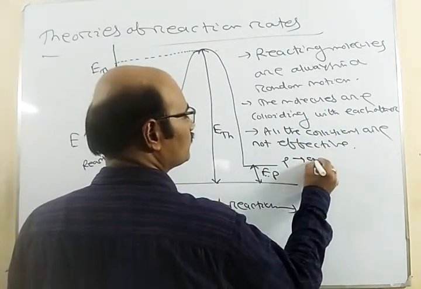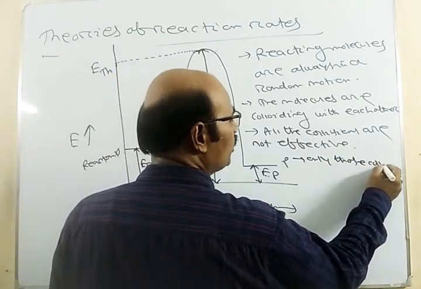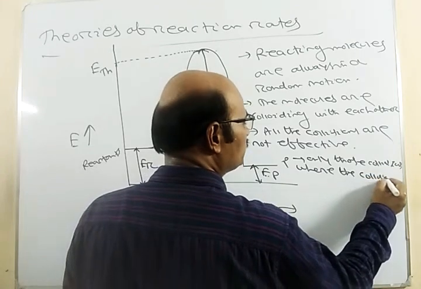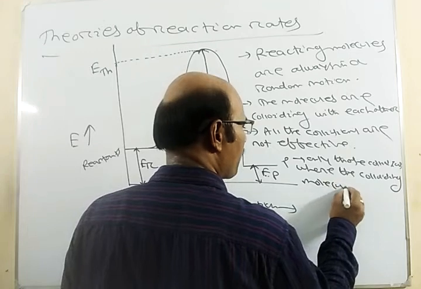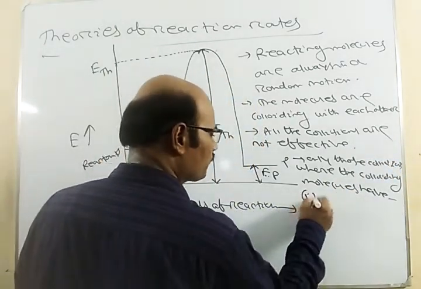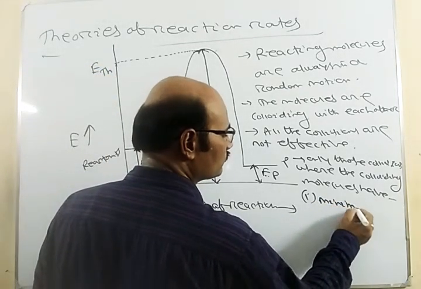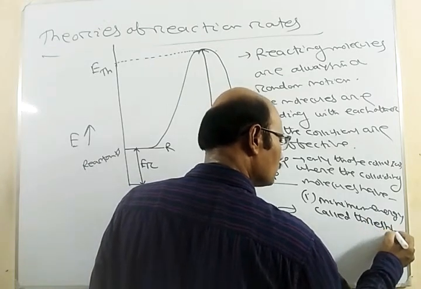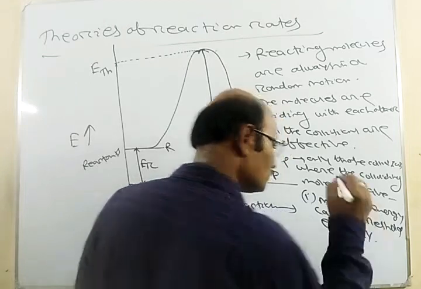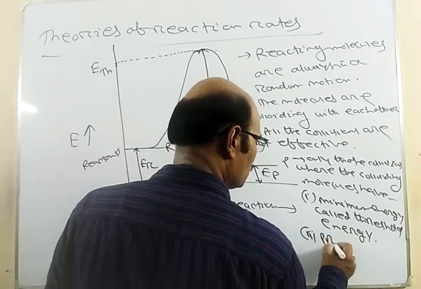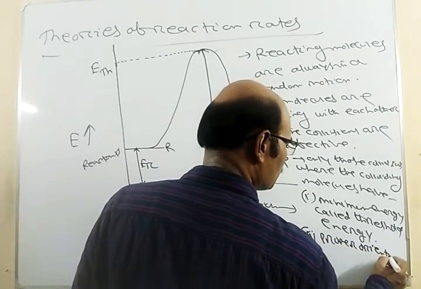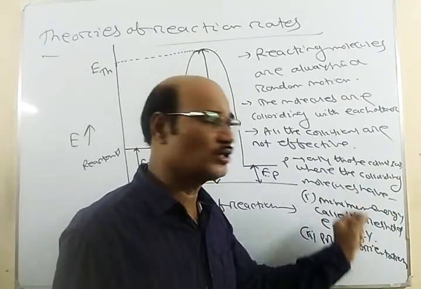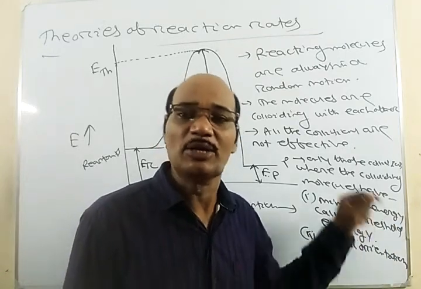Only those collisions where the colliding molecules have, number one, minimum energy called threshold energy, and number two, proper orientation, will give an effective collision.